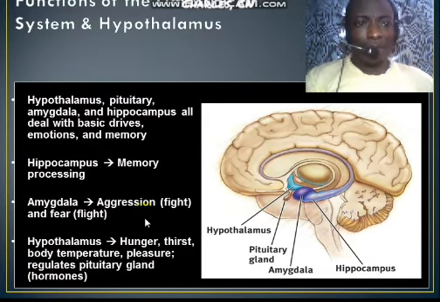Okay, now research has proven that if you remove this component of the limbic system, the amygdala, every fear will disappear. For example, if you know a person who is always scared, who is always afraid, just bring that person, let me dissect the brain and remove this component of the limbic system.